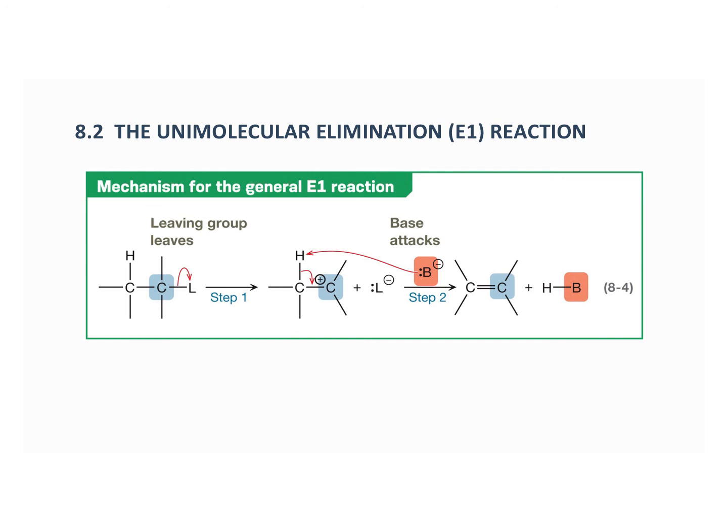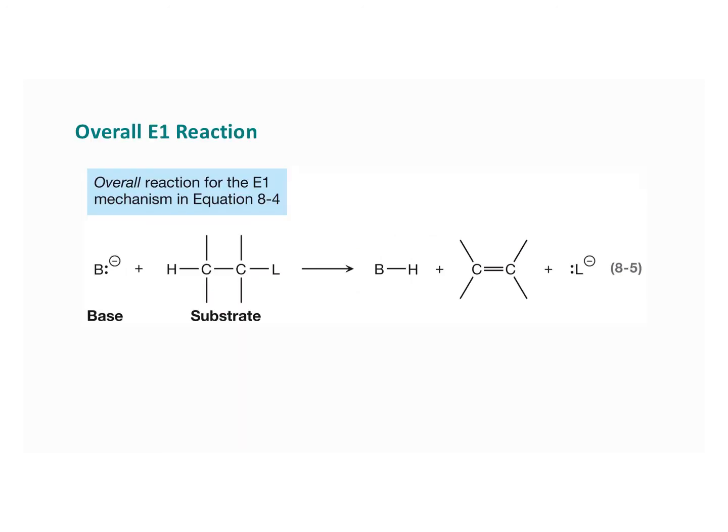Now, as with the SN1 mechanism, we can obtain the overall reactants and products of an E1 mechanism by adding together the steps in equation 8.4. Now, I would like for you to try this, and then I'm going to show you what you should see here. What you should see is we've got the base and the substrate. That would be what we put in our reaction vessel.